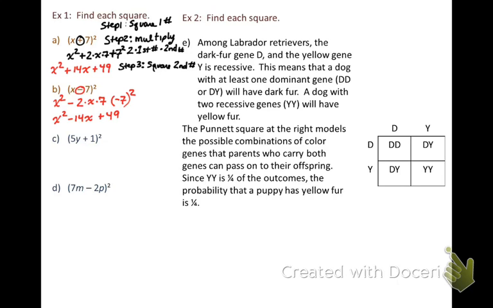Let's try C. You're going to square the first number. There's a plus sign. You're going to multiply 2 times 5y times 1, and then square the second number.